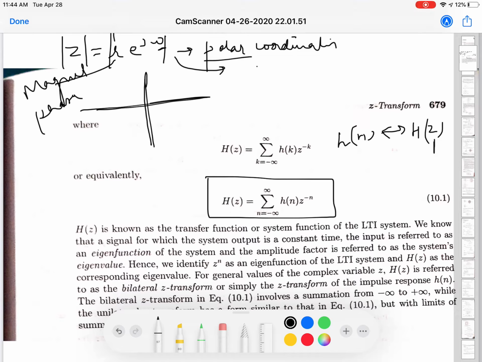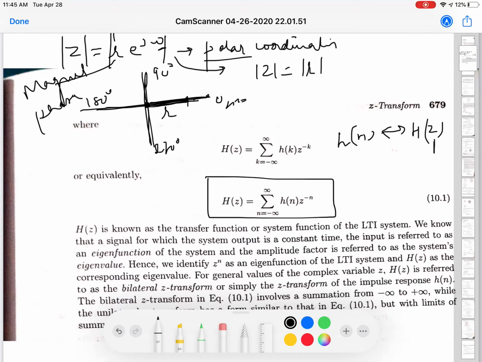When you calculate the magnitude, you take the mod, and the mod of e to the power jω will equal 1, then mod of z is equal to mod of r, right? In the Z plane, r is the distance from the origin. At these axes the angles are defined as: at this axis the angle is 0 degrees, at this it is 90 degrees, at this 180 degrees, at this 270 degrees, and this is 360 degrees, right?